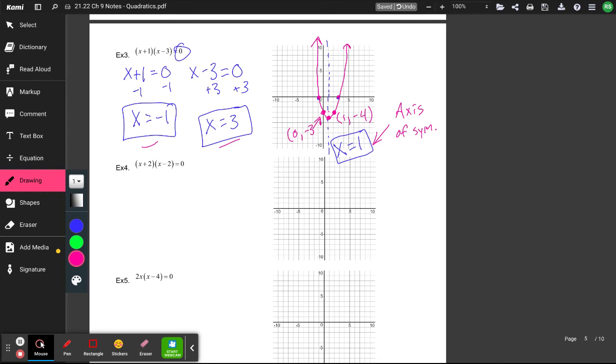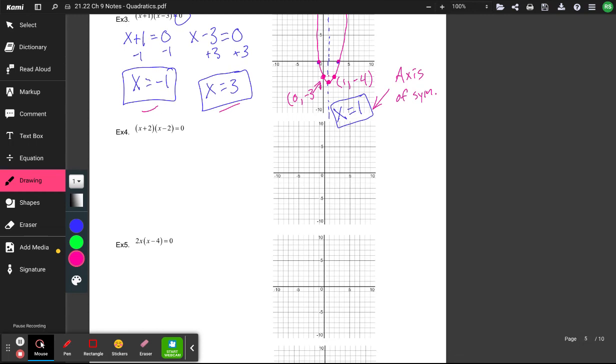Now, I would like you guys to take the time to go ahead and work on examples 4, 5, and 6. After you've worked through each example and then graphed it in Desmos, press play on this video to see the answers for example 4. Try 5 on your own, play, see the answers, and then you will try example number 6.